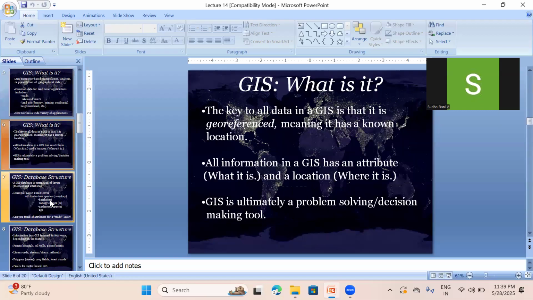The key to all data in a GIS is that it is georeferenced, meaning it has a known location. All information in a GIS has an attribute and a location. Attribute means what it is, and location is where it is. GIS is ultimately a problem-solving, decision-making tool.